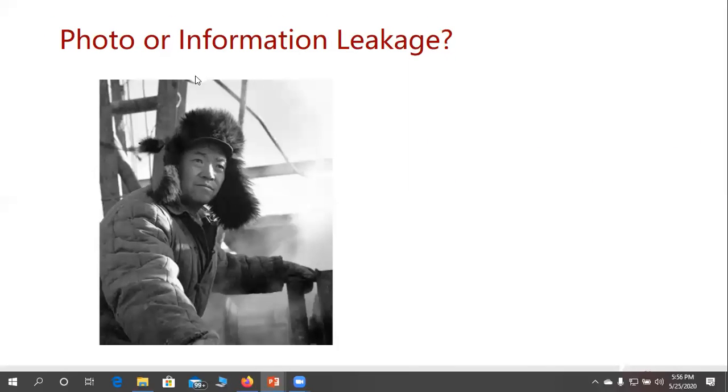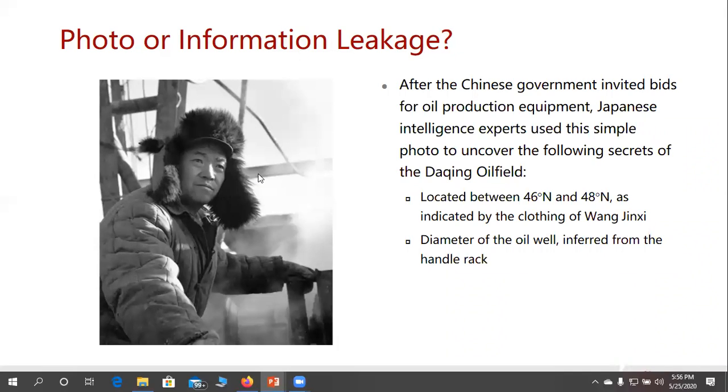Now, when you see here, is this a photo or is it information leakage? All right, so this is information leakage. This happened when China discovered oil at the Daqing oil field. The Chinese government decided to invite bids for oil production equipment.